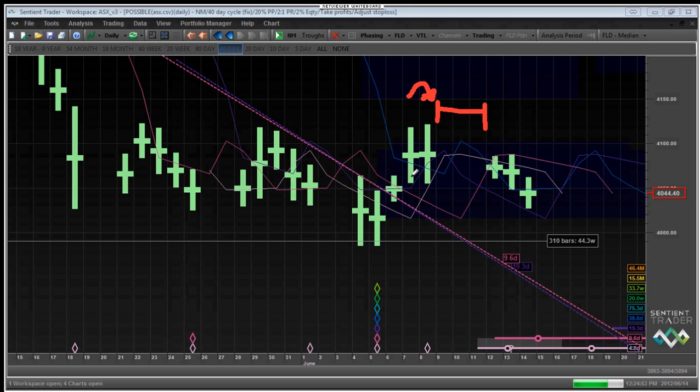So if you're going to take a delayed trading entry on the basis that price had crossed above that 40-day FLD, you need to apply some sort of personal guidelines. The first thing I would say is, does this price cross of the 40-day FLD definitely provide me with evidence that the 40-week cycle has formed?